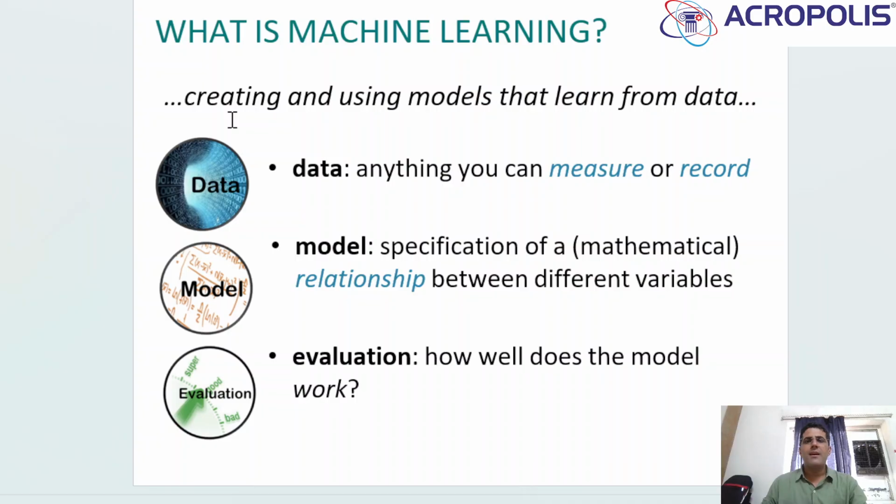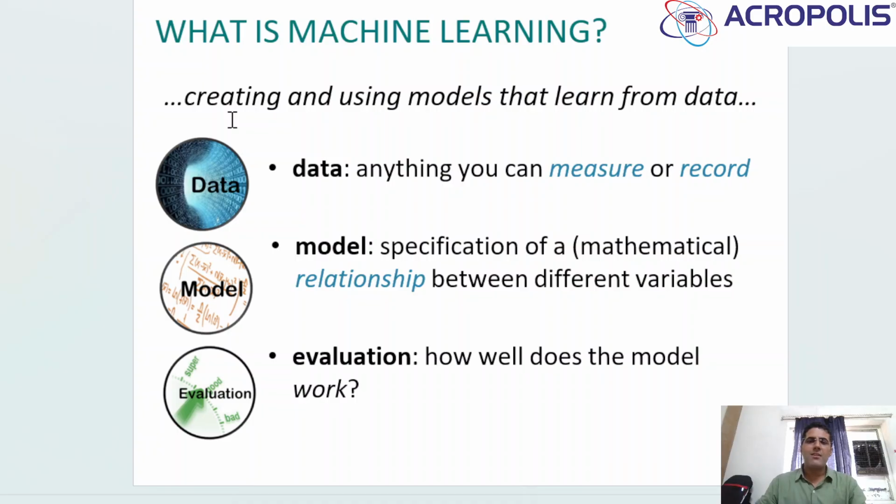The next thing is machine learning. Machine learning is related to data analysis and data science, where creating and using models that learn from the data is the USP, and data is unstructured, structured, or any kind of data.